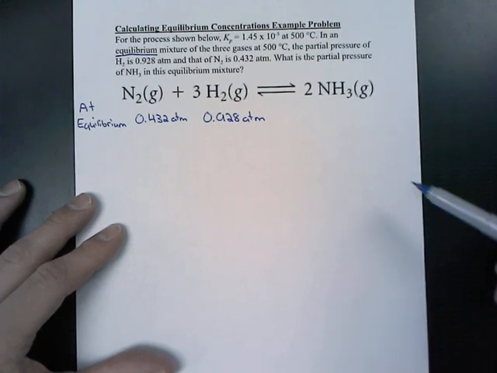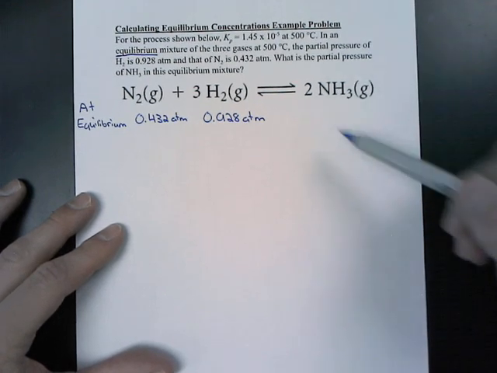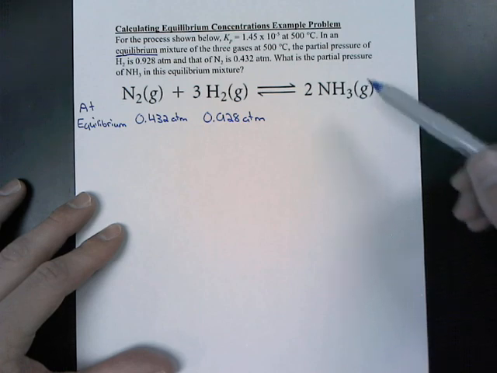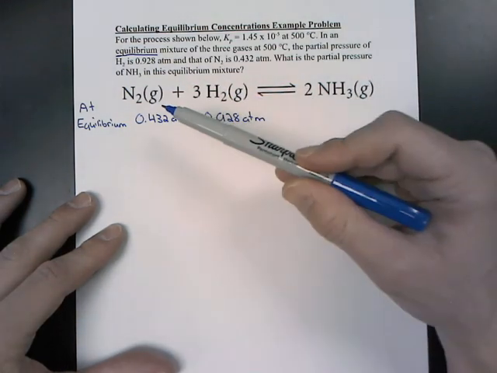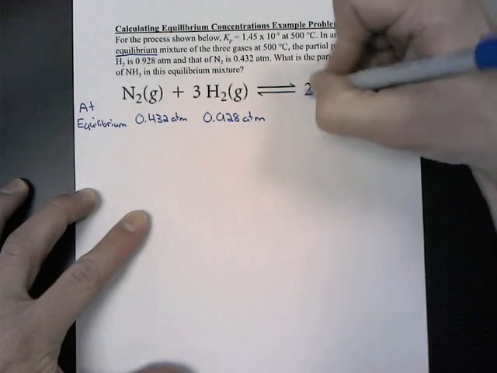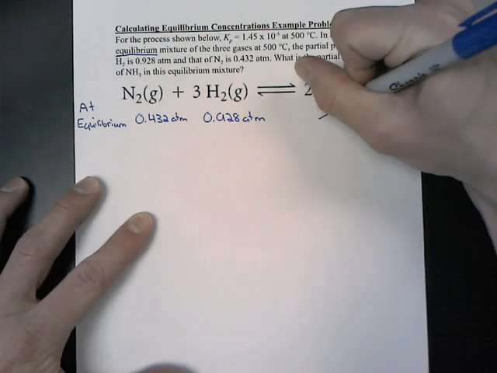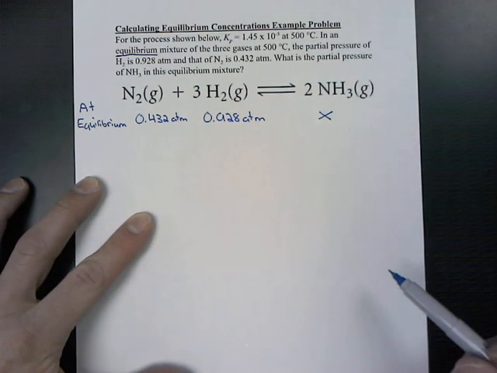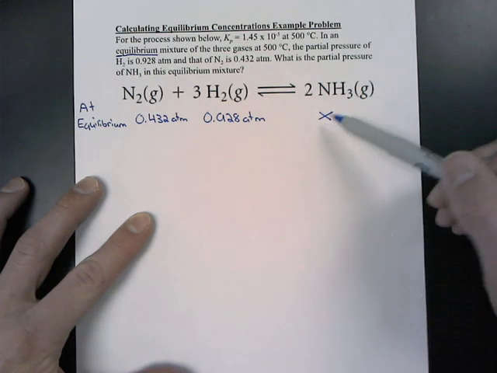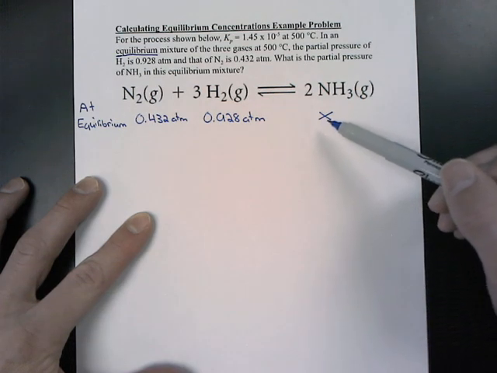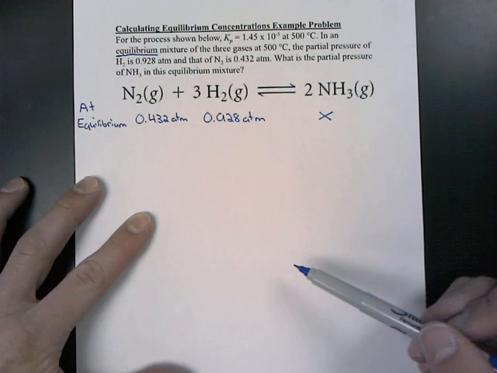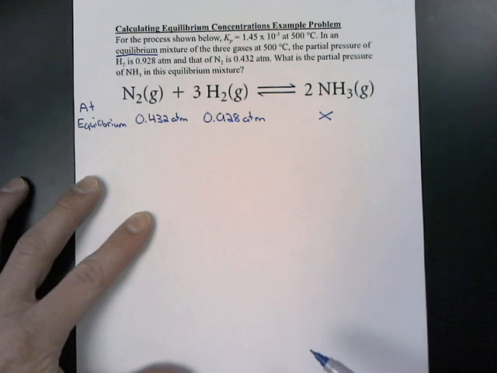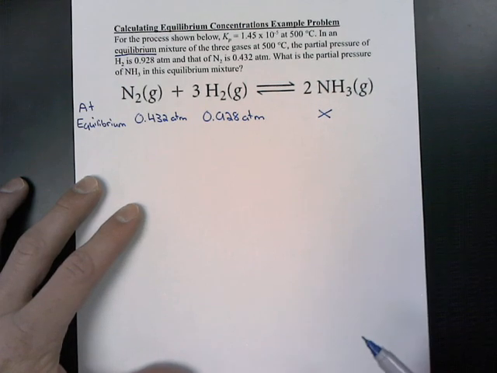Now, right now, it said nothing about our NH3. In fact, that is the question. What is the partial pressure of NH3? So because we do not know what it is, we're going to make this our X. Now what we need to do is think about that equilibrium constant expression.